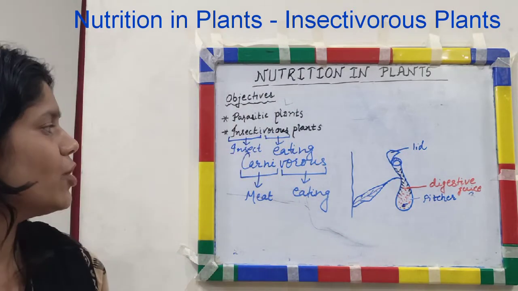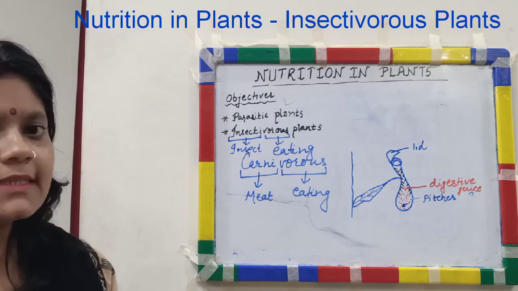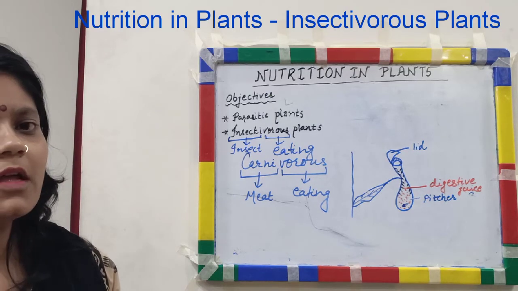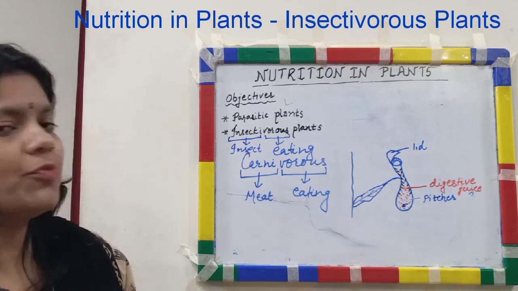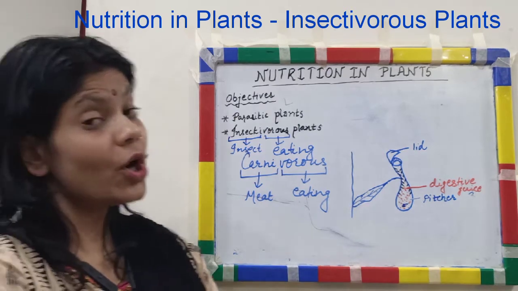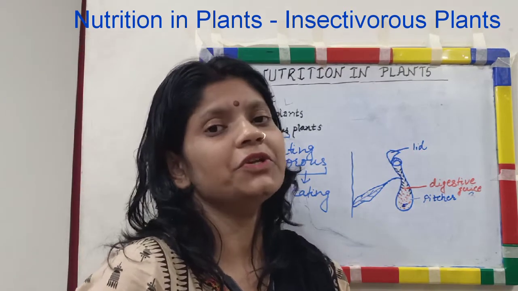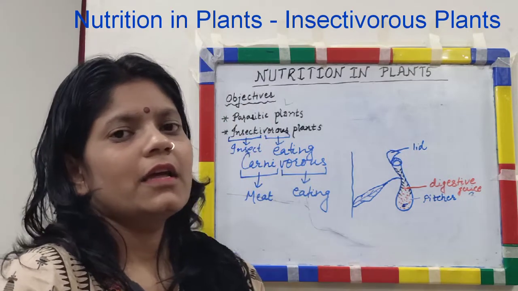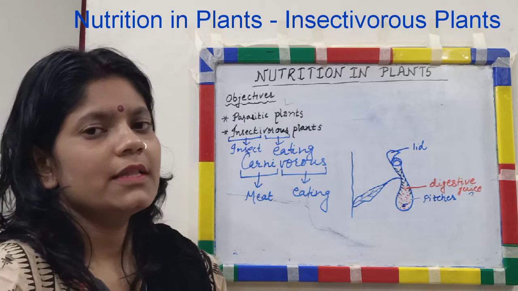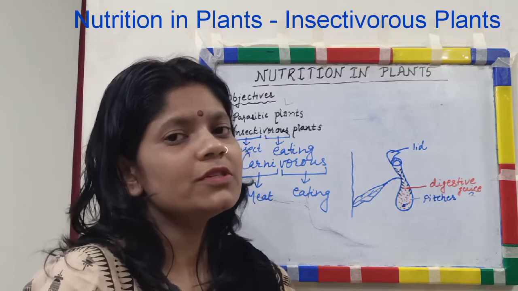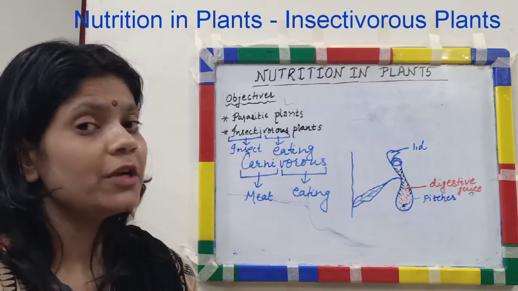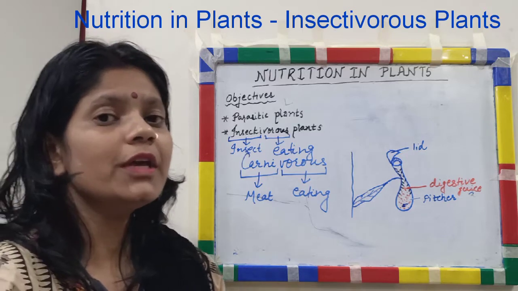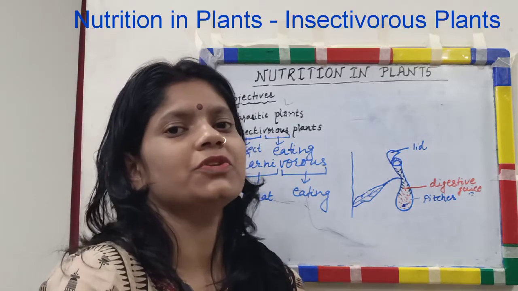So what causes the need of a plant to digest insects? Actually, these kinds of plants do not grow in our normal soil which is rich in nitrogen and phosphorus. You know, plants cannot take nitrogen from the atmosphere. They can take nitrogen only from the soil. But what would happen to the plants if they are growing in a soil which is poor in nitrogen?